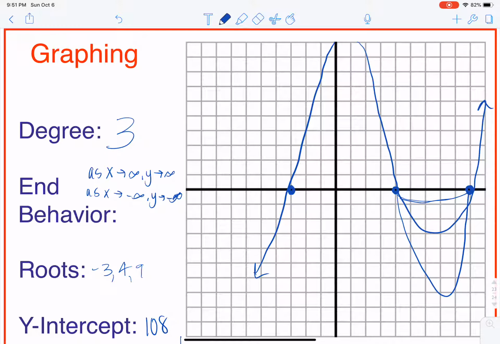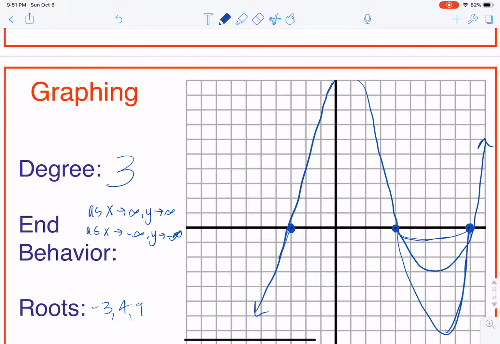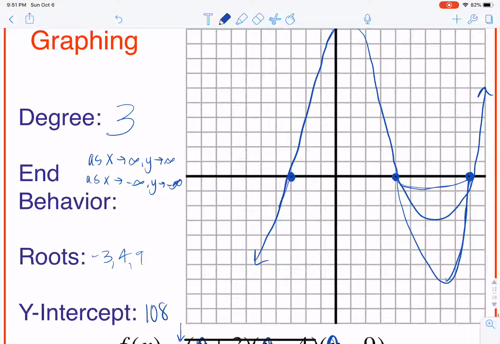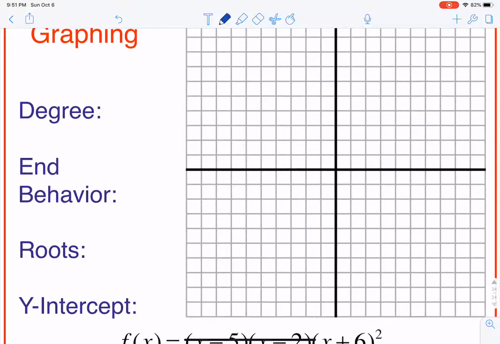Is this really swoopy down here? So that's another reason why this is just a rough sketch. I also don't necessarily know the steepness of these lines or where this falls. So again, as we're rough sketching these, we're really focusing on the end behavior, the roots, and the y-intercept. Those are the pieces that we're really focusing on.